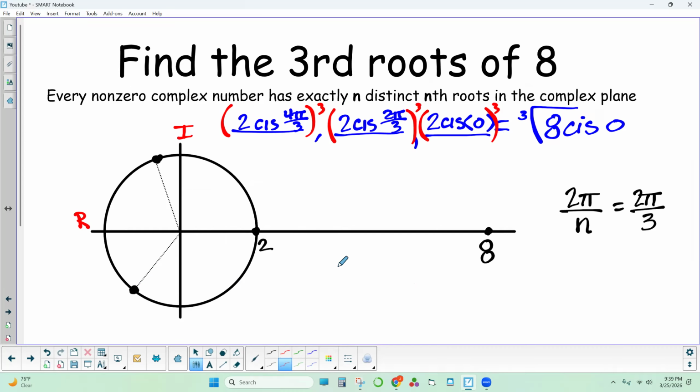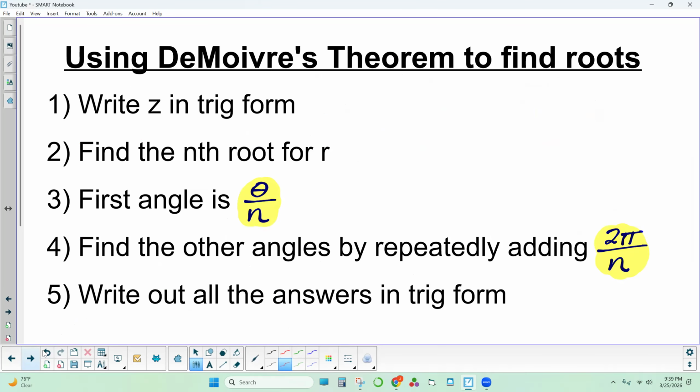Okay. So now we're going to look at another example. But before we do that, I'm going to lay out the 5 steps for you, so you're not going to need to draw this picture every time you do this. So step 1 is to take the complex number that's given to you and write it in trig form. Step 2, we're going to find the nth root for r.